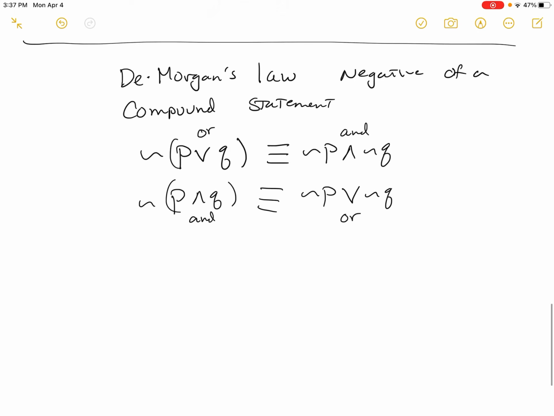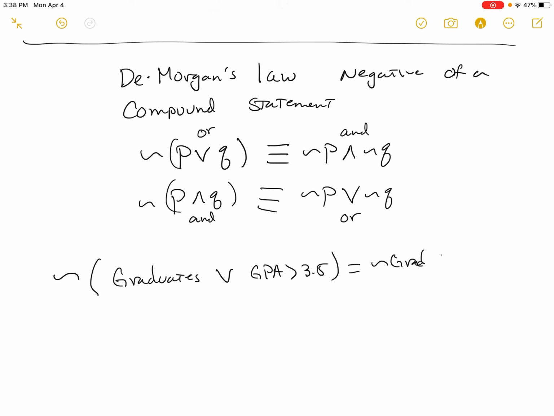So let me give you an example. If I said, hey, I want the negation of somebody who graduates or has a GPA greater than 3.5, then the only way for that to fail is if the person does not graduate and the person does not have a GPA greater than 3.5.